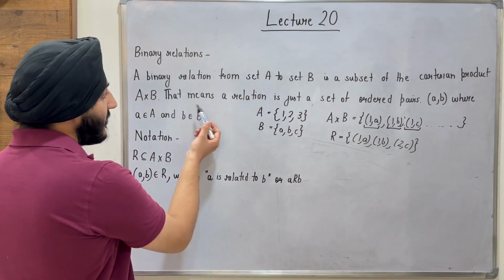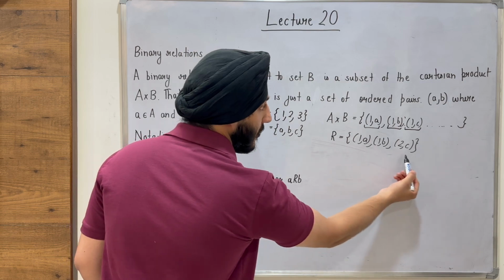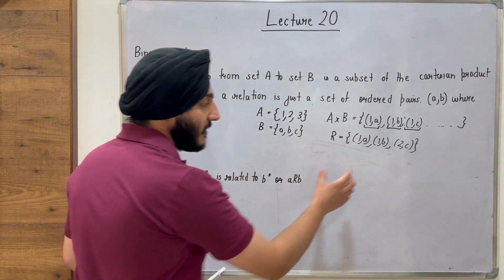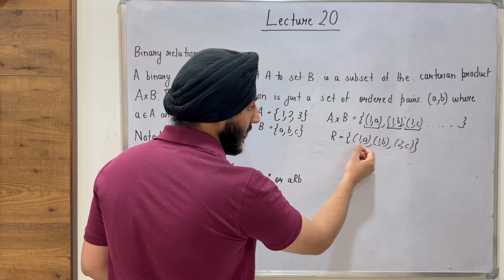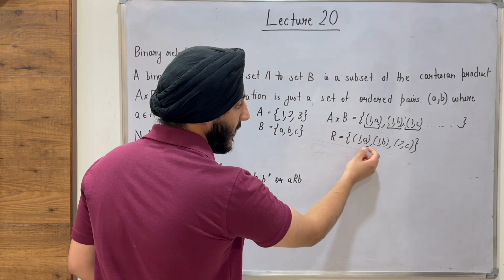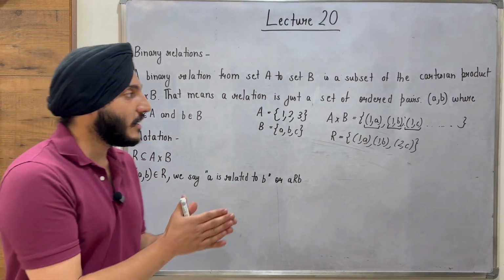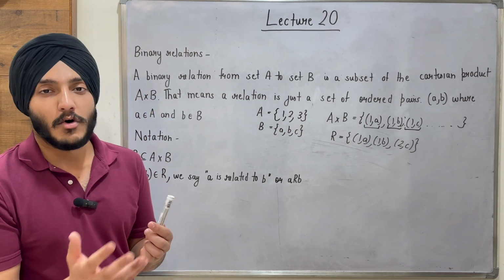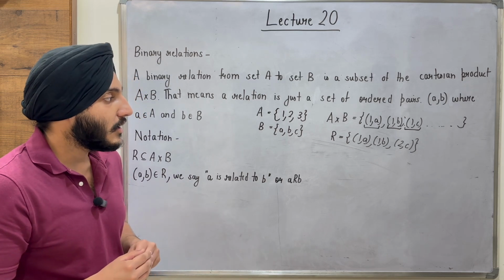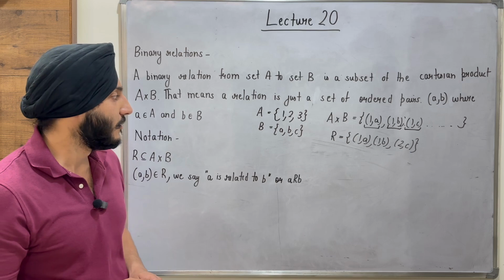That means a relation is just a set of ordered pairs, where a is an element of A and b is an element of B. Here 1, 1, and 2 are elements of the set A, and a, b, and c are elements of the set B. So I hope you have a basic idea about what is a binary relation. It's just a different definition, but the concept is very simple to understand.